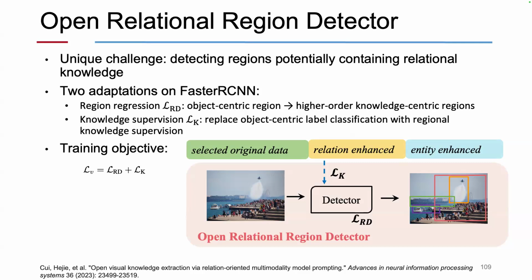What we did there is pretty simple. We use combinations of each pair of entities, each pair of objects, and we use some kind of so-called knowledge supervision. Basically, we use an existing knowledge graph to filter out some of the less likely combinations, so you don't get a very large number of combinations.